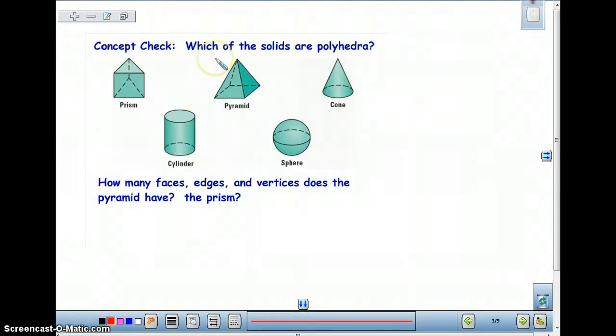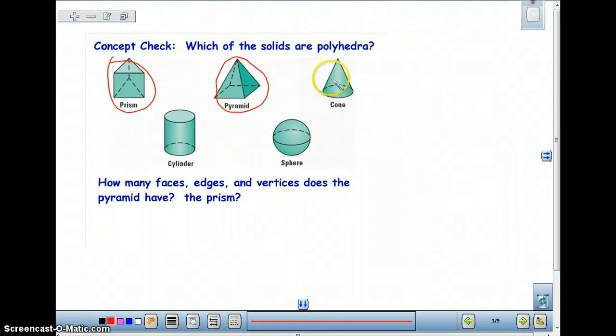Okay, so we look at which of the solids are polyhedra. Remember that it has to be bounded by polygons. So obviously a prism, because all of those make up polygons. Also a pyramid. They might not all be the same shape, which is okay.